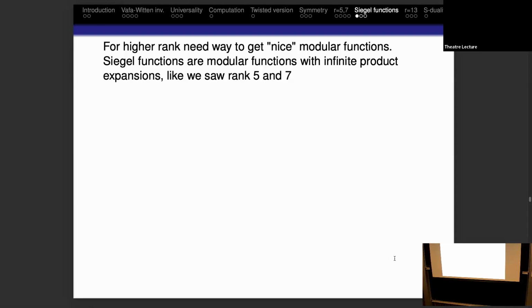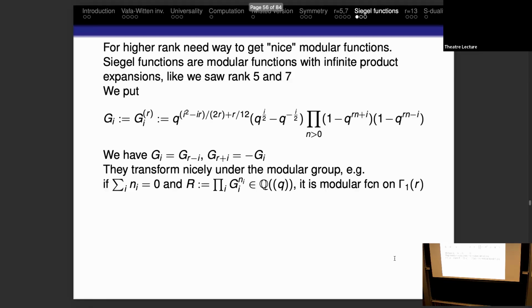Anyway, we use only part of the Siegel functions, but here I have written down the formula for them. It looks very similar to what we saw before. We have some trivial prefactor, which is necessary to make it modular.